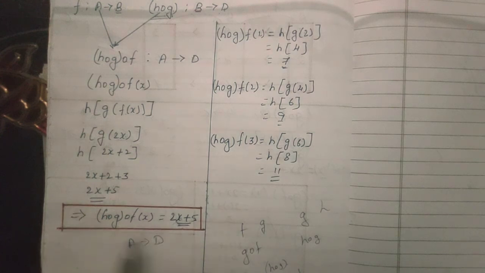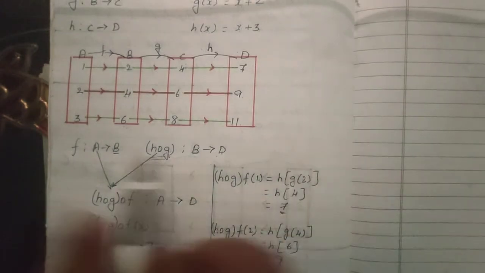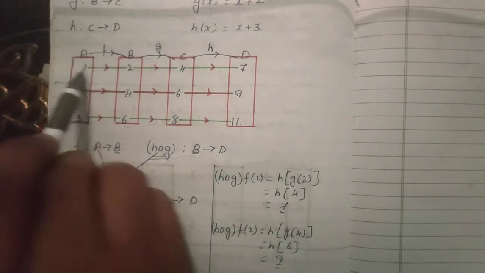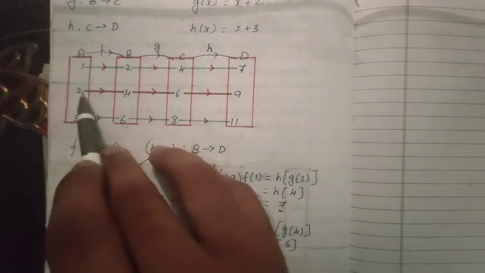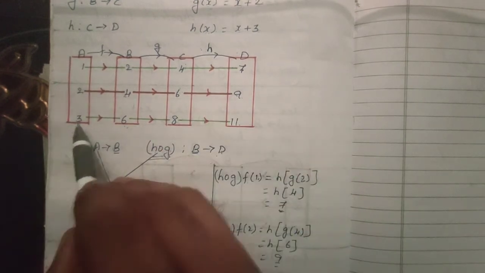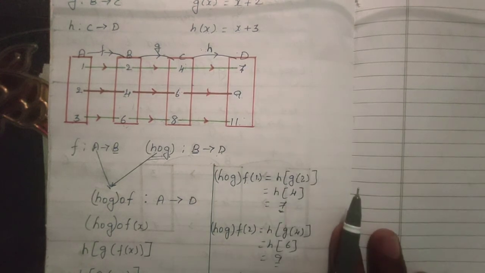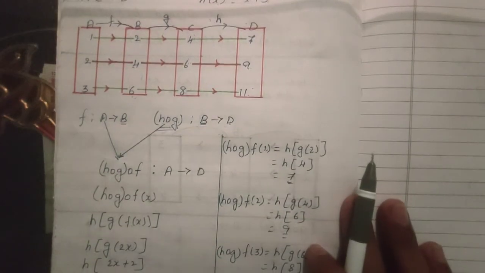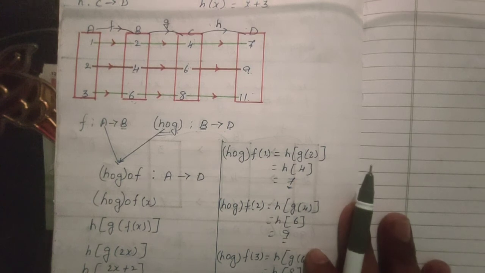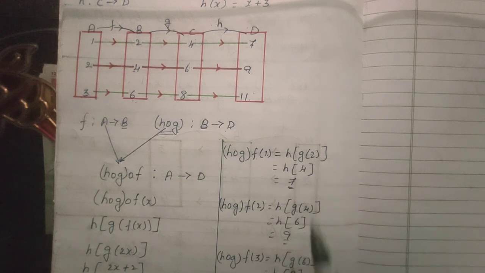By using this condition, directly I can say for input 1 what the final output is, for input 2 what the final output is, for input 3 what the final output is. So this is how we can combine different real functions one to another.